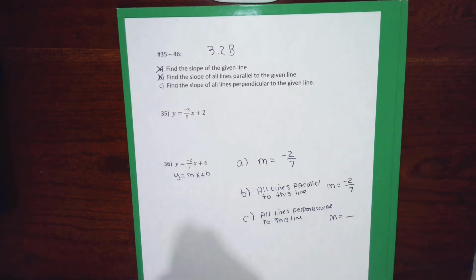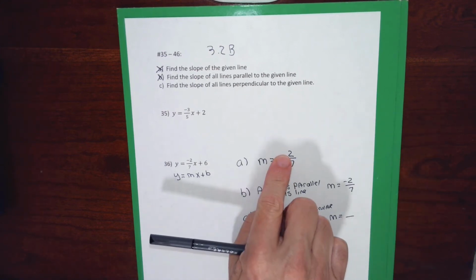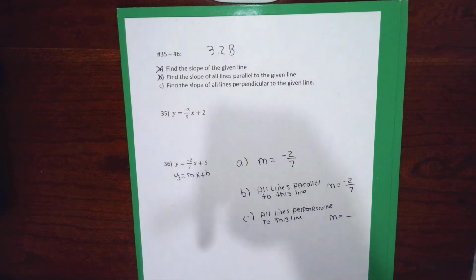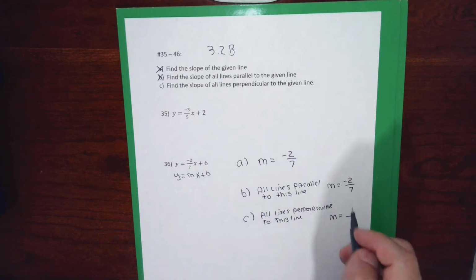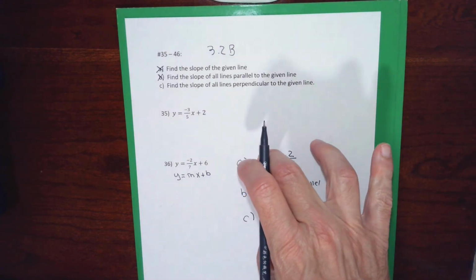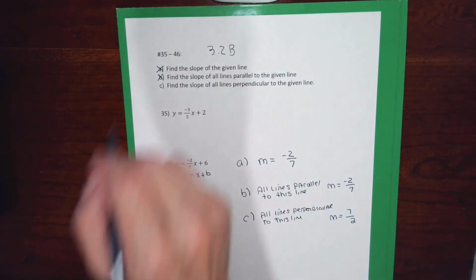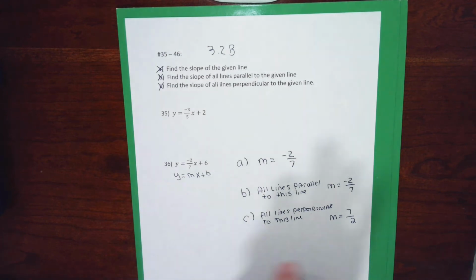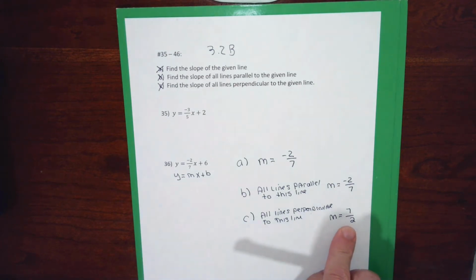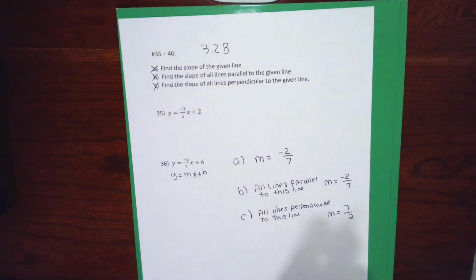If I know the slope of a line, the slope of a perpendicular line I form by taking the reciprocal and changing the sign. So the reciprocal of 2/7 is 7/2, and perpendicular lines, their slopes aren't only reciprocals, they also have opposite signs. We usually say the slopes are negative reciprocals. So the slopes of all perpendicular lines to the given line would be positive 7/2, reciprocal with the sign changed.